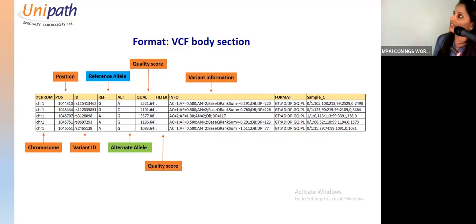Then it shows what is in the reference and what is in the alternate, right? So here, when you say GT is genotype, and you say 0/1, it's like heterozygous. How heterozygous? Then it will have reference and alternate read counts.